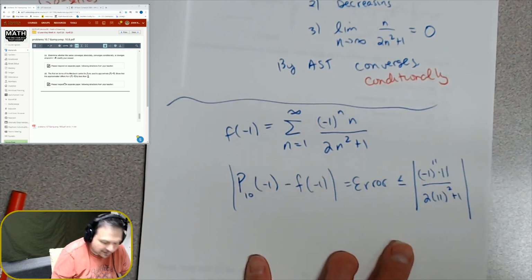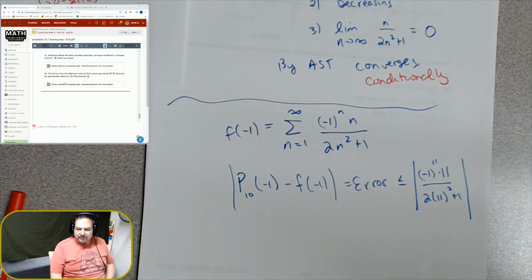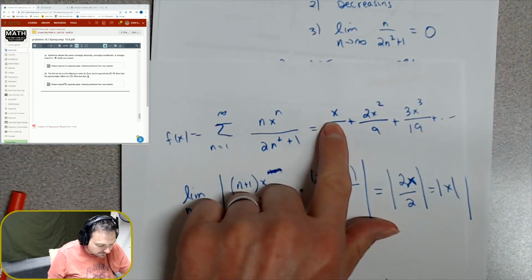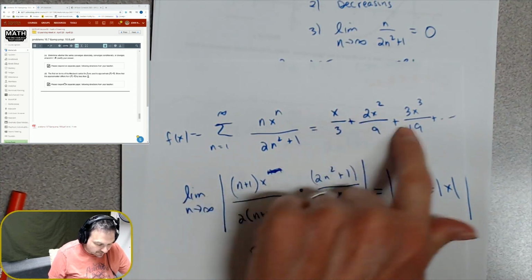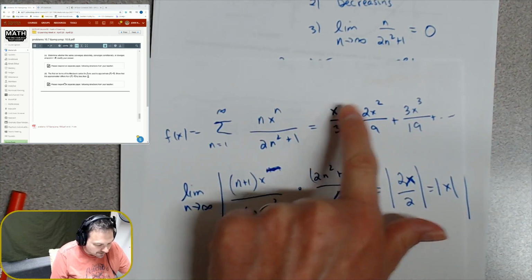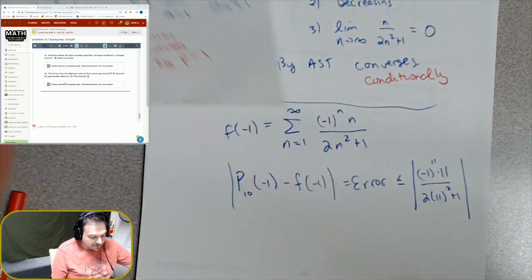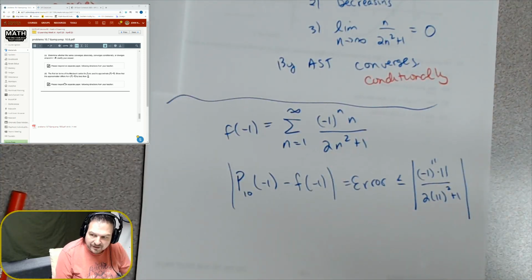The error is less than the 11th term when I plug in n for 11. Now that's only the 11th term because the first term x was 1, the second x was 2. If this was like 1, 3, 5, 7, then that wouldn't be the 11th term. It says use the first 10 terms.